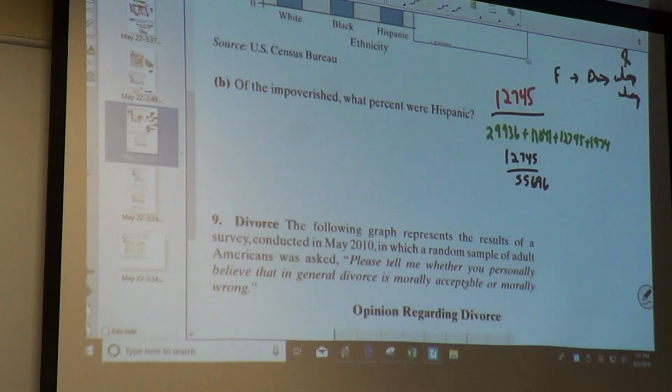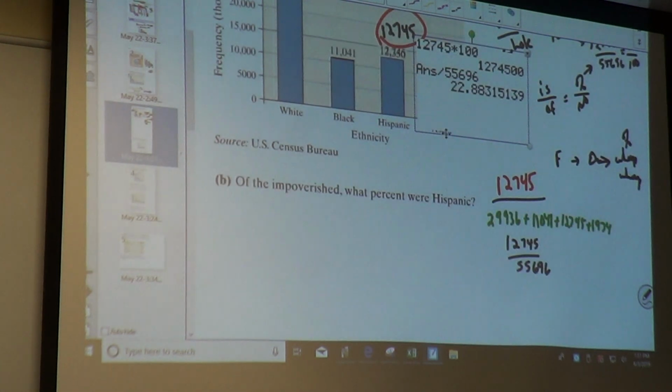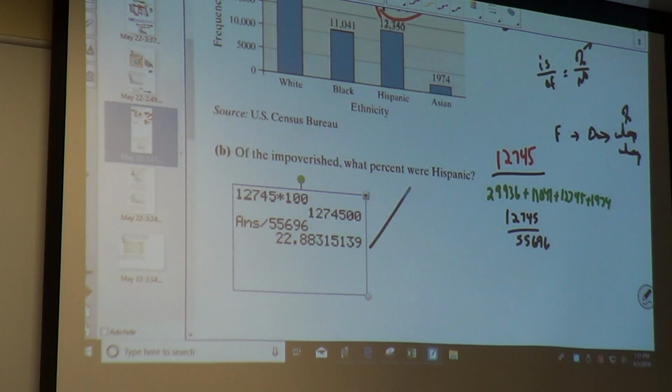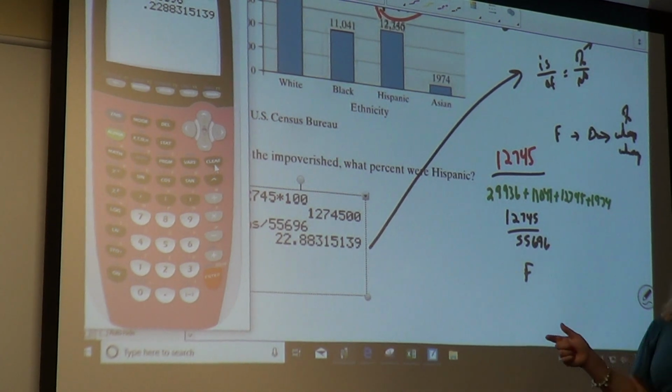Now, if you want to do it the other way, that's your fraction. Your fraction is 12,745 divided by 55,696. That's your fraction. You just turned it into a decimal.